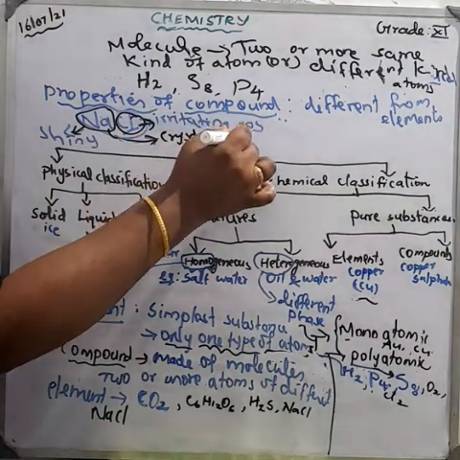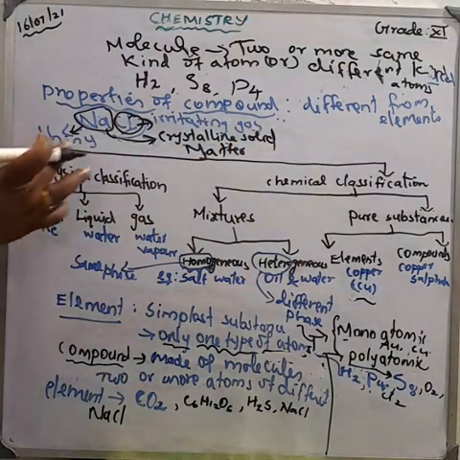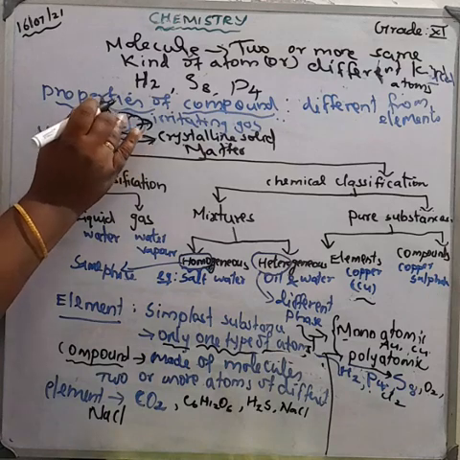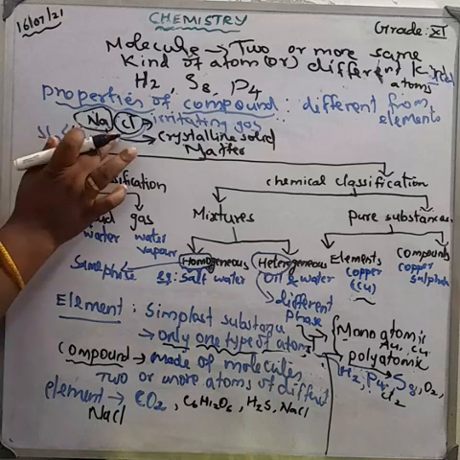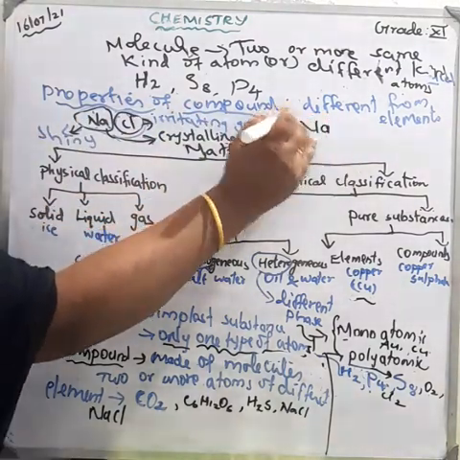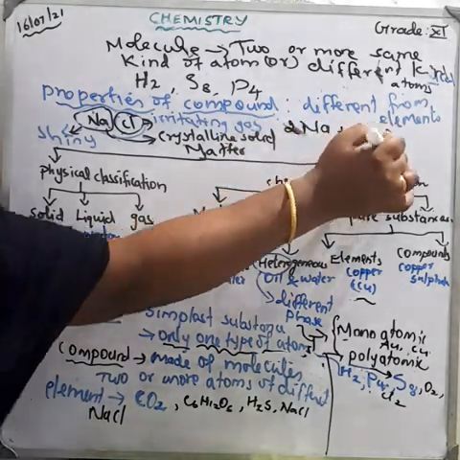In the compound form it has different properties, and in the elemental form different properties. So 2Na plus Cl2 combine to form 2NaCl. The physical property is different here: sodium chloride is a crystalline solid.